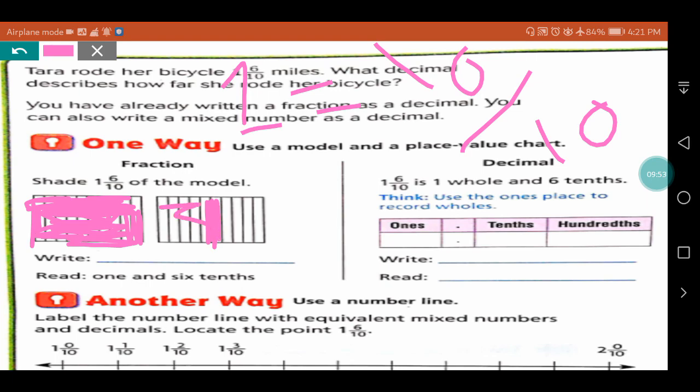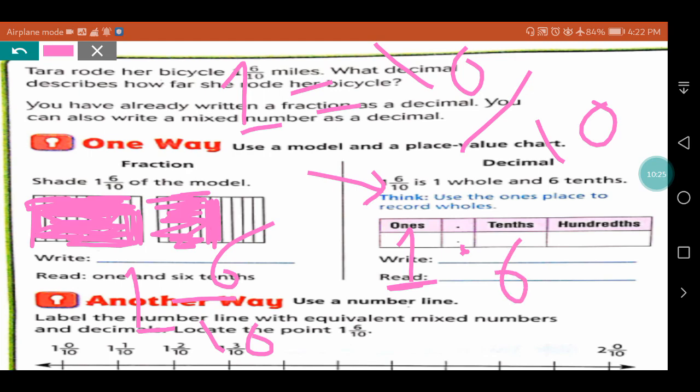Okay, then here we write it as 1 and 6 tenths, as we know. Now how can we write 1 and 6 tenths as a decimal? Here at the ones place we have what? We have 1. Then at the ones place we write 1, then point, then 6 tenths, okay, then hundredths.